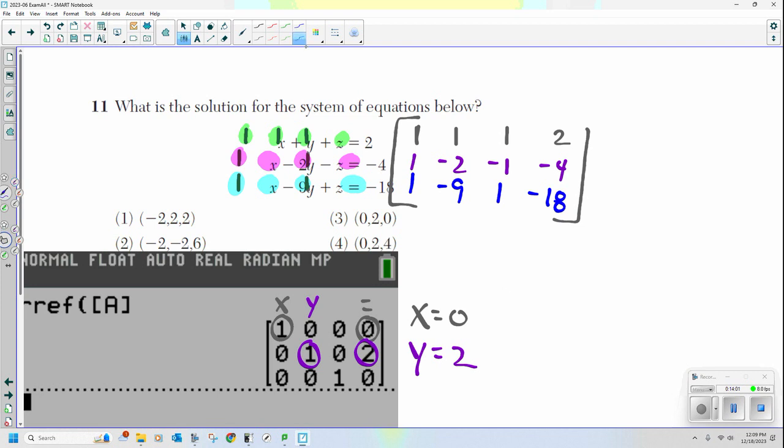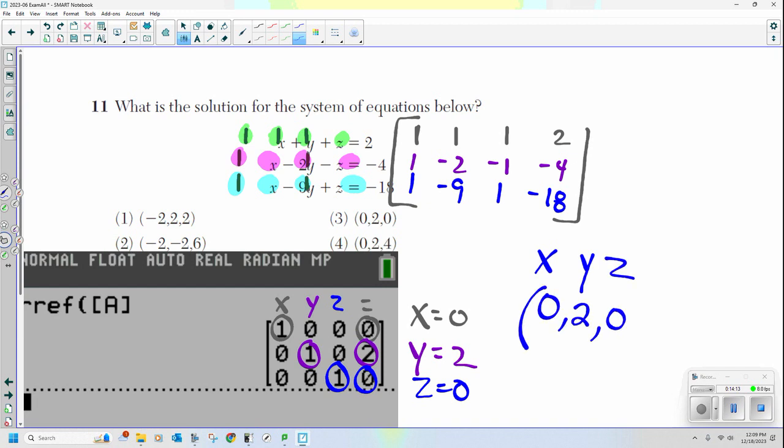And then my 1z will also equal 0. They have them written alphabetically, so it's going to be x, y, z. It's 0, 2, 0. And that's choice 3. That's just straight knowledge on how to use a calculator.